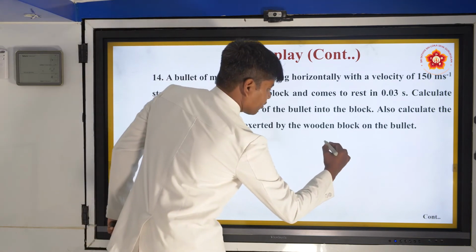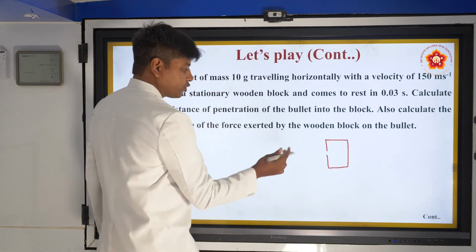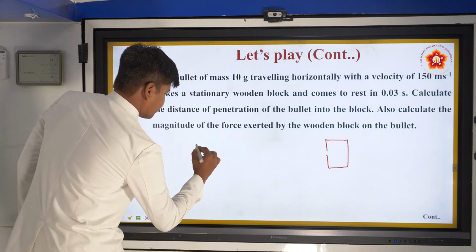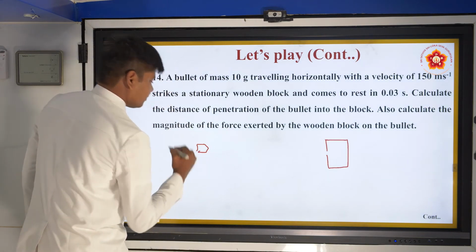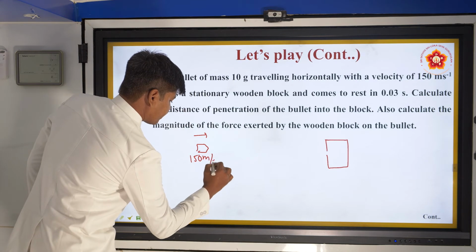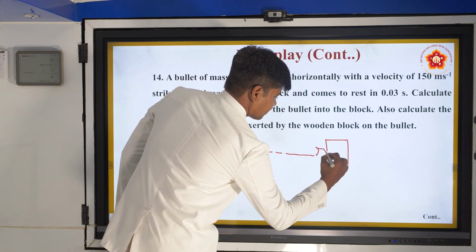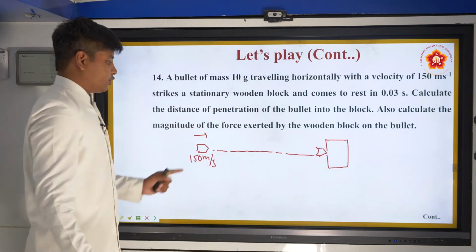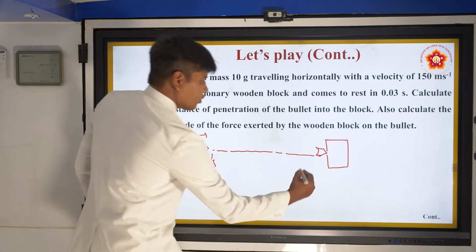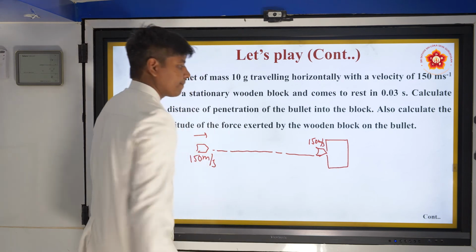Okay, you have a block here. Because the bullet is going to penetrate it, I left a blank here. You have a bullet. It is going at 150 meter per second. So we assume that the velocity here is also 150 just before hitting the block.